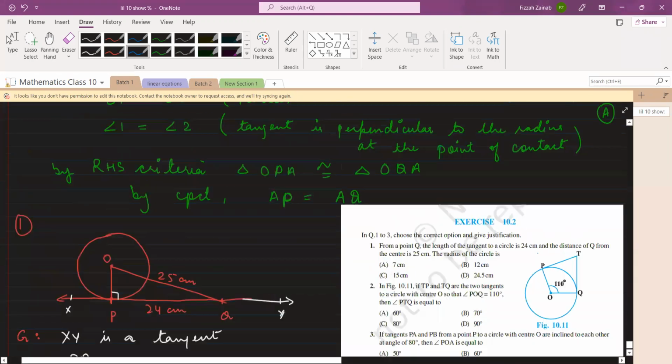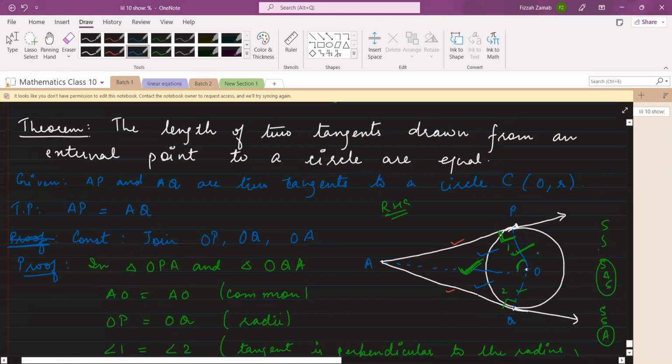I'm just scrolling up. So basically, I have started with this theorem today that if from any external point A, you draw two tangents to a circle, the length of those tangents will be equal. The proof is also given in the book, but if you want to take a screenshot, you can.